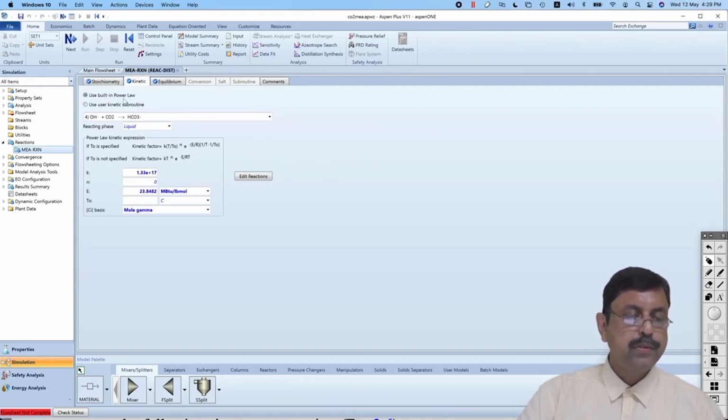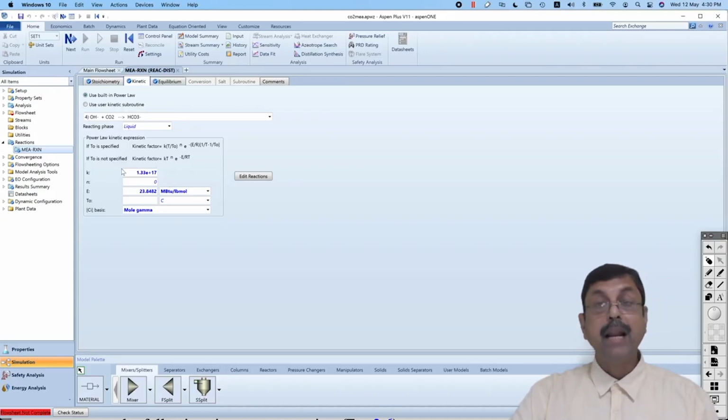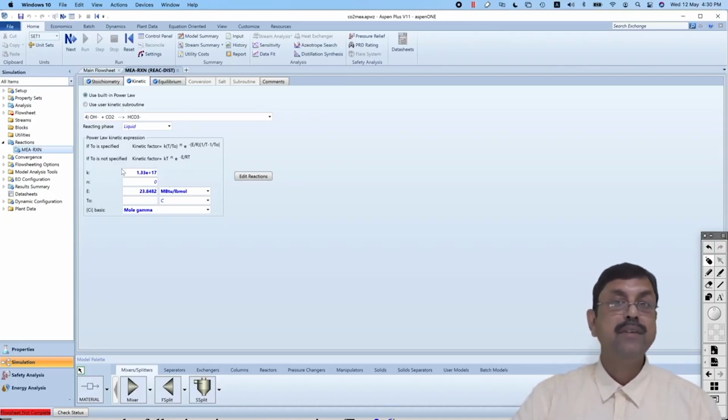We have to use the power law, which I am using over here with these particular parameters that we have found from the references that I just mentioned. One is from Applied Energy by Enrico and another is from Faraday's Society by Pinsent. It's an old paper. As far as I remember, it is a 1956 paper.